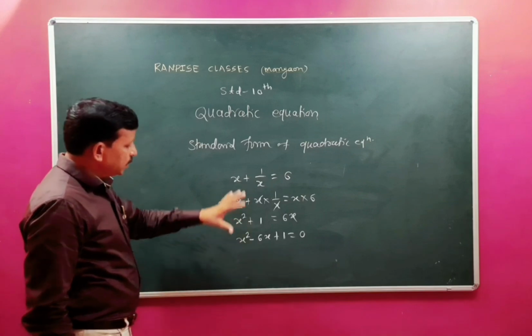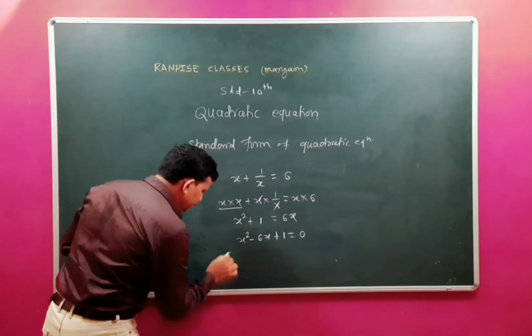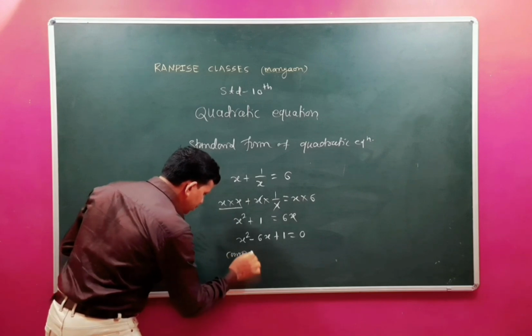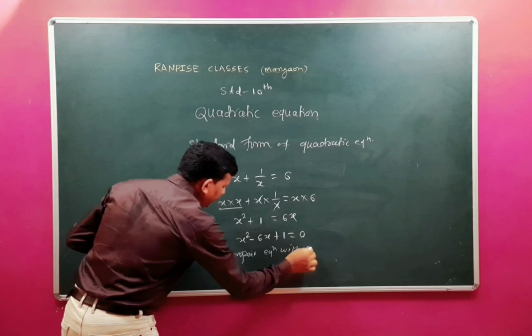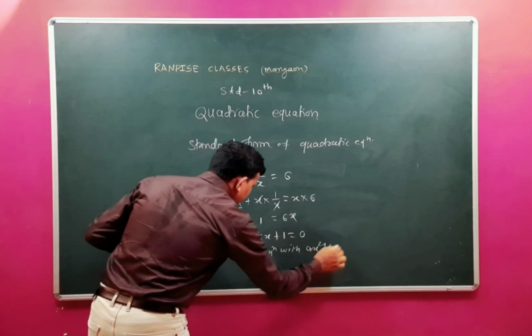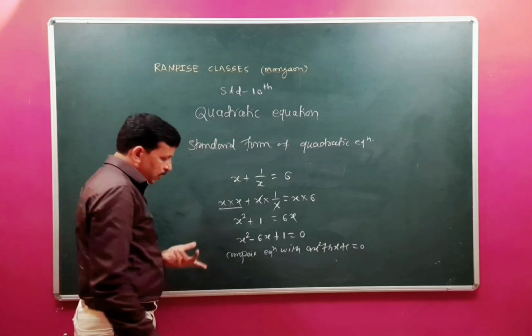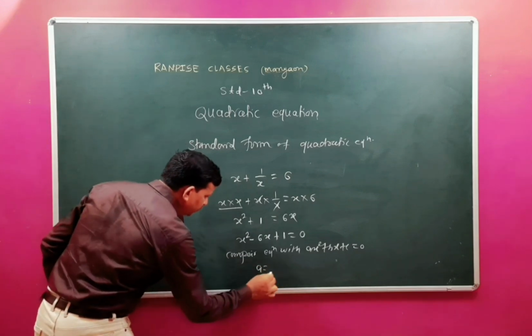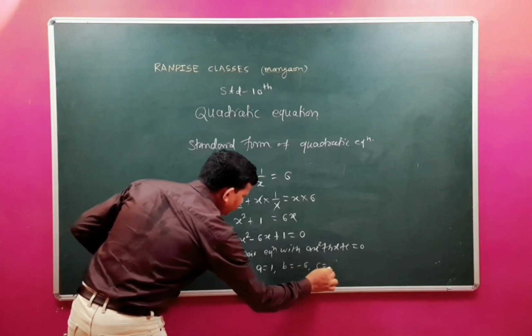This is in standard form. Then we can compare the equation with ax² + bx + c = 0. Now the value of a = 1, the value of b = −6 and the value of c = 1.